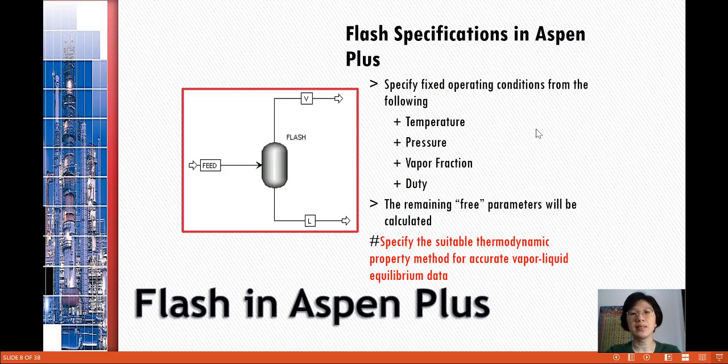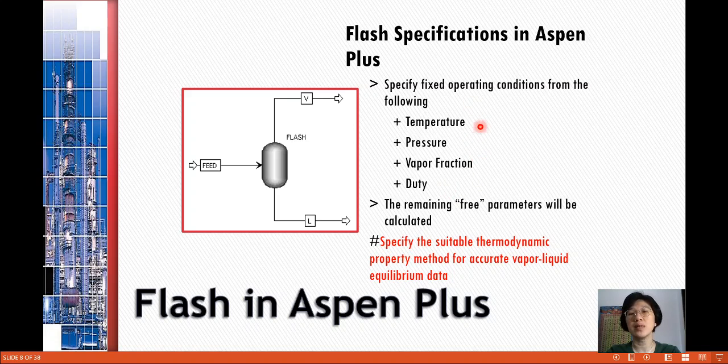In Aspen Plus, once you have put in the list of components and selected the appropriate thermodynamic model, you choose the model, you put in the streams, then you put in the stream information, the feed information especially. Then you need to include the flash specification, and typically you need to include two of these: temperature, pressure, vapor fraction, and duty.